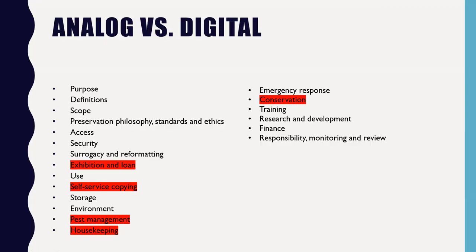So there are definitely a lot of overlaps, but at least a few, mostly because of the nature of digital records, that aren't necessarily things that would be included in a digital preservation policy or even program.